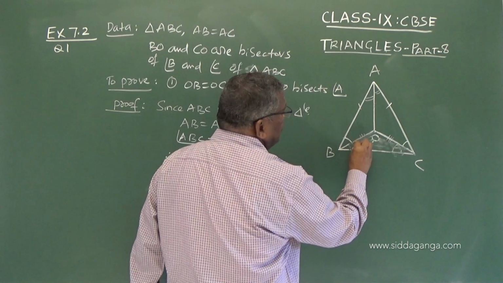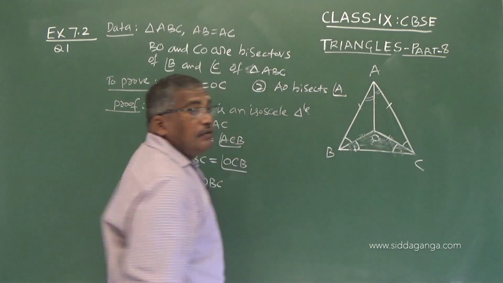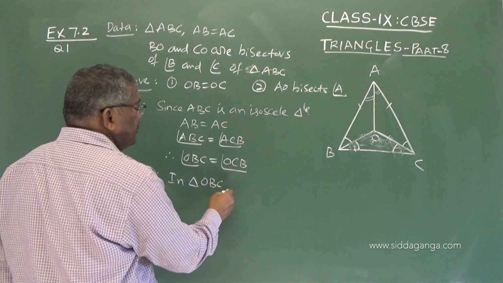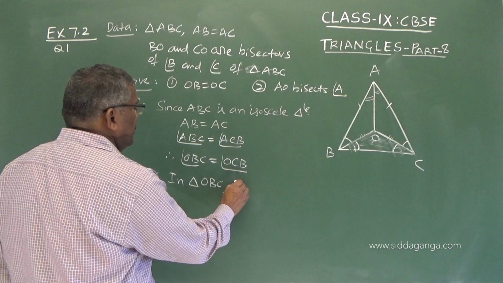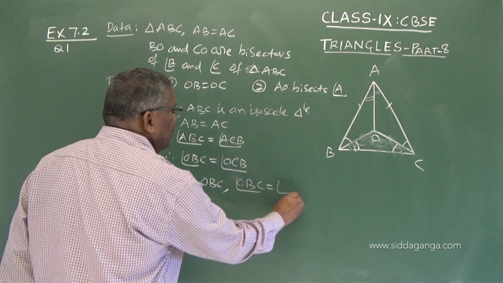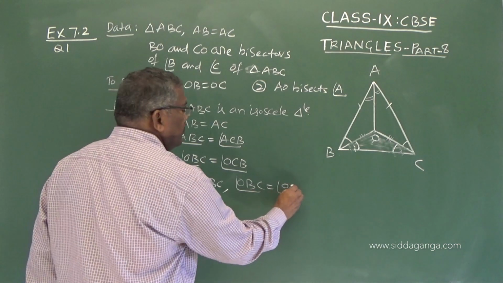In this, these two angles are equal. So therefore, their opposite sides are equal. So in triangle OBC, angle OBC equals angle OCB.